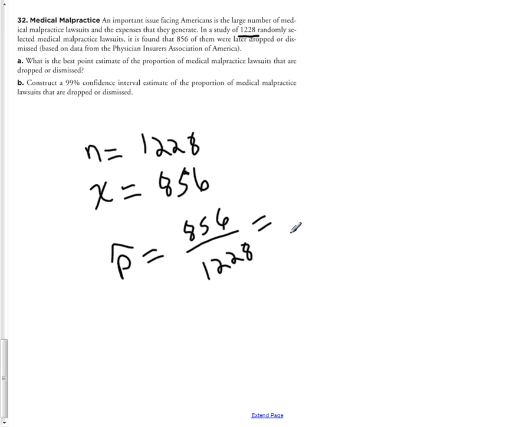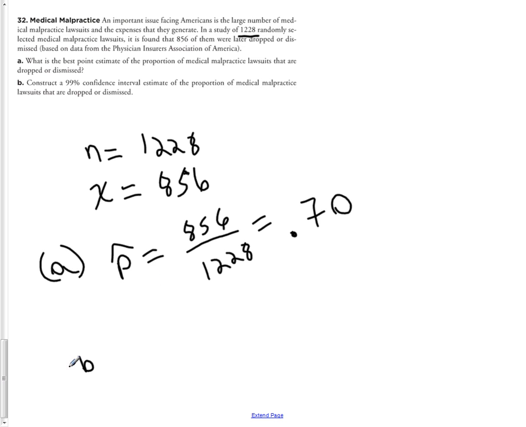So let's say our P hat is 0.70, all right? Now, we have P hat, and that is part A. What is the best point estimate? 0.7, 70%. So the best point estimate for the proportion of medical malpractice lawsuits that are dropped, 70% of medical malpractice lawsuits are dropped. Part B, construct a 99% confidence interval estimate of the proportion of medical malpractice lawsuits dropped.